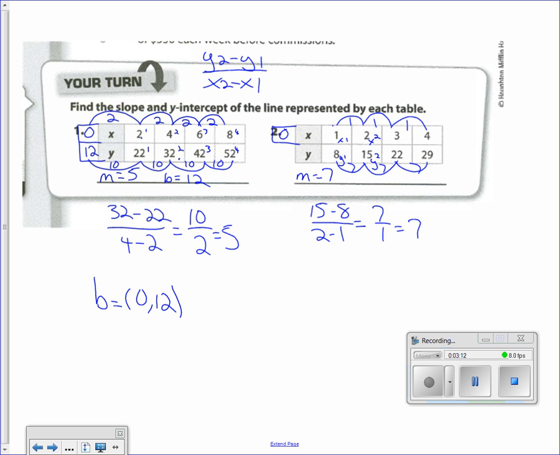If I go back 1, I get to 0, so that's 1. To go back one more time, I just have to go 7, so 8 minus 7 is 1. So my y-intercept is at the point (0, 1). So my y-intercept equals 1.